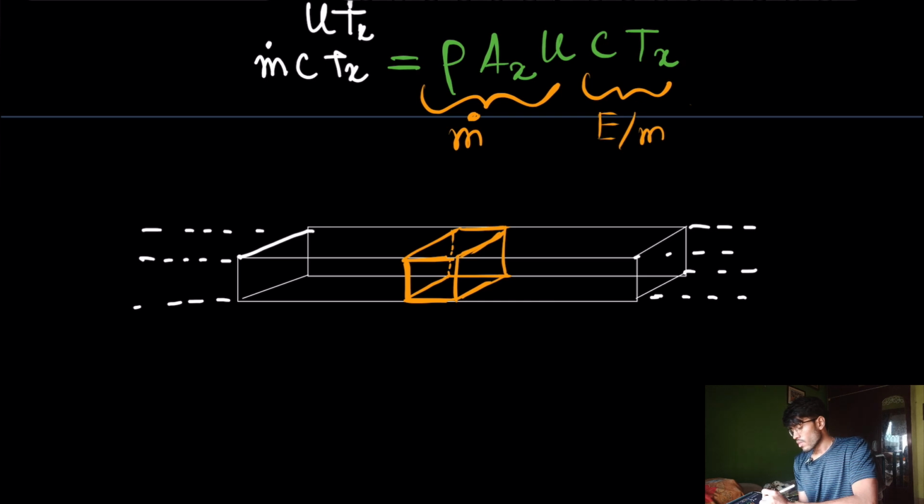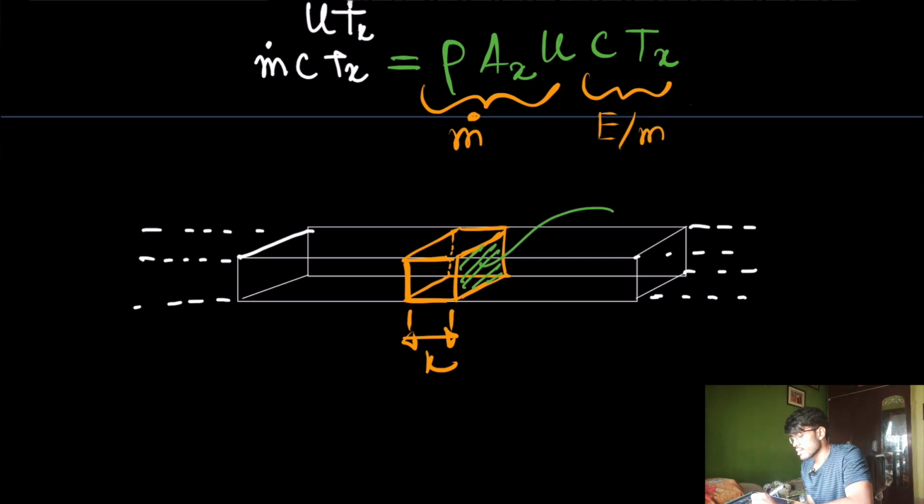Now through which surfaces will the convective heat flux pass? Through this surface, through this one, through this bottom one, and through this side one, right? So if this is my delta x, and let us say the cross-sectional area here is Ax.